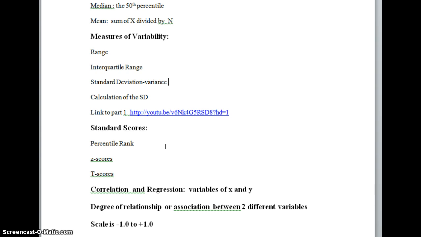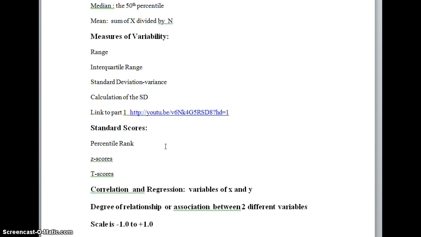Now if you look on page 64, you will see how percentiles set up with z-scores, t-scores, and percentile scales on a normal curve. Now you see all those standard scores. Notice how in the middle the t-score of 50 is equal to the percentile of 50.